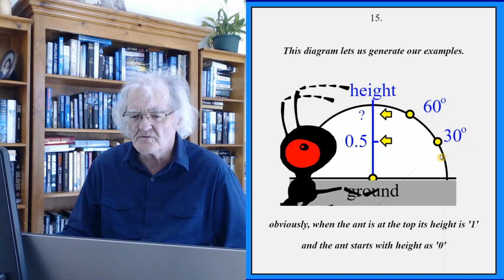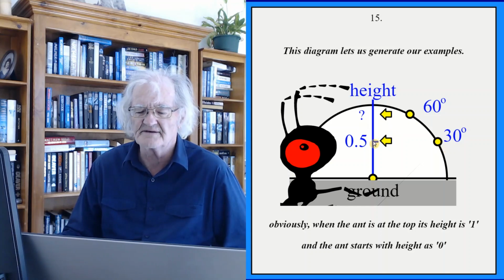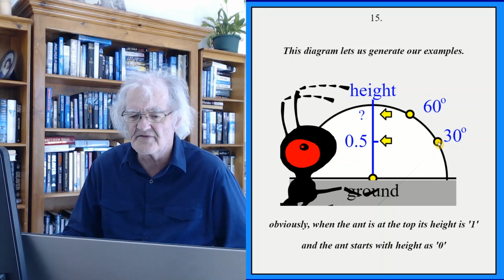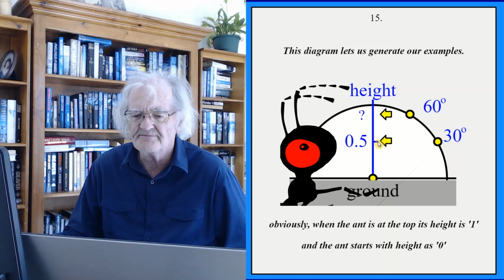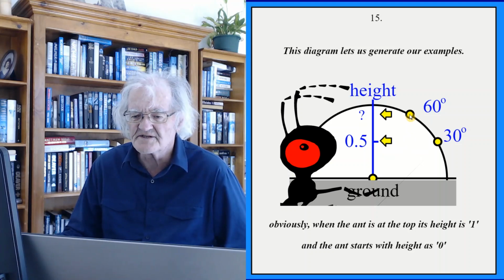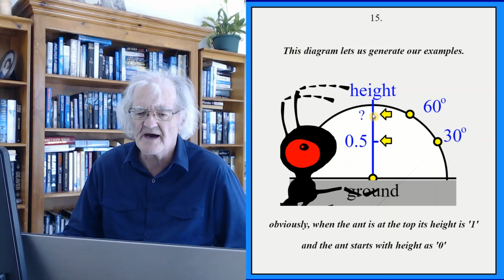For part of the way around, we can use the appropriate angle and read off the appropriate height. For example, when the ant has generated an angle of 30 degrees, it's a third of the way around the pipe. It's actually halfway up the height of the pipe. And if we look at it when it's at 60 degrees, it seems to be nearly to the top. Its height is about 0.9 at a guess.